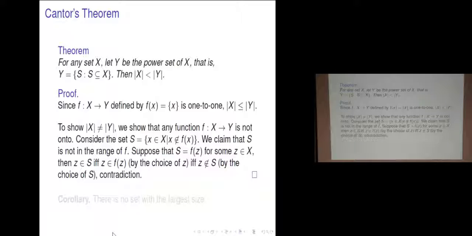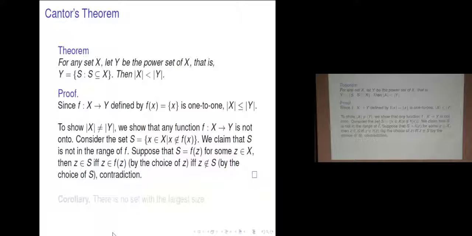Now, I want to go from here to there. Why? Because if Z is in Fz, then I will not take it into S. You see, by the choice of S, S will only take those which are not in F of something.